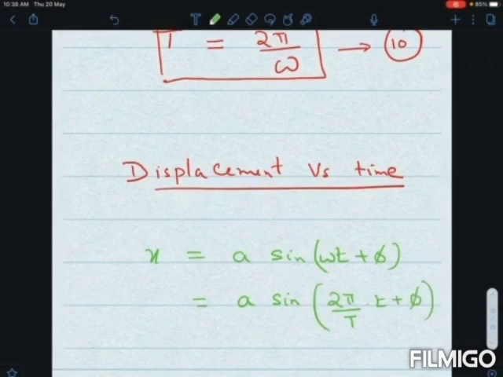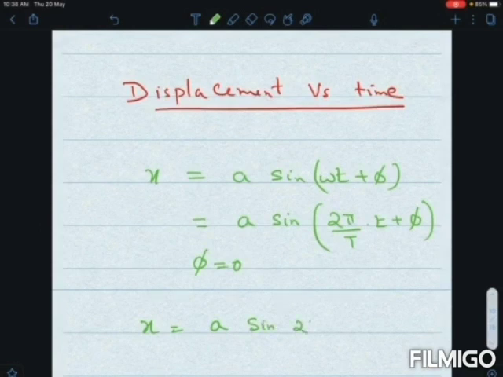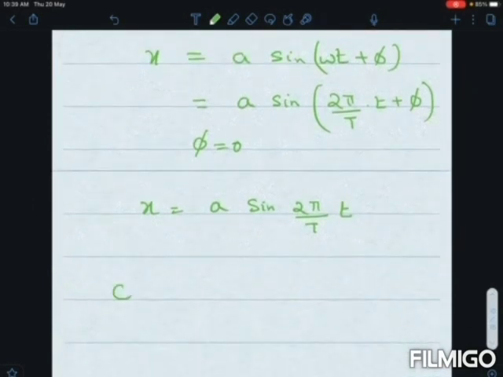So here we assume that phi is equal to 0. The phase is 0. So when you assume phi is equal to 0, this equation again reduces to x is equal to a sine 2 pi by t into small t. Now let's get into different possibilities, cases. So case 1, that is t is equal to 0.